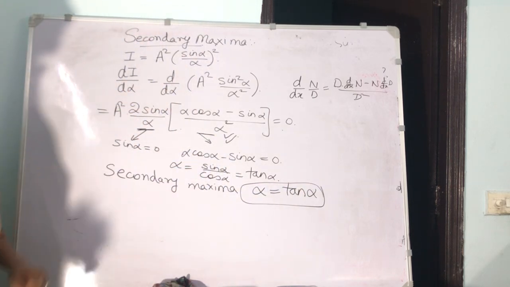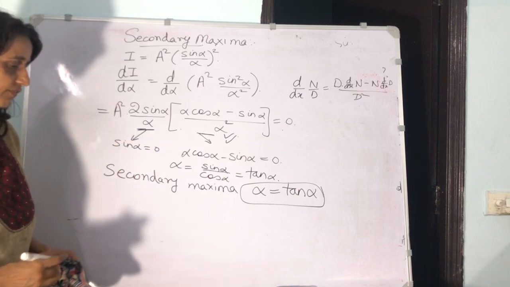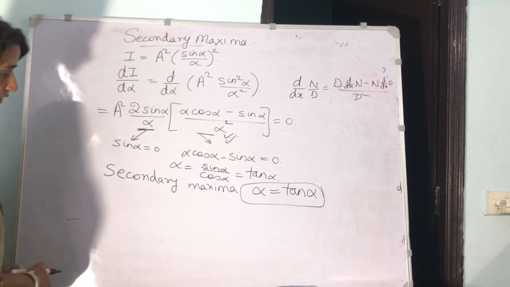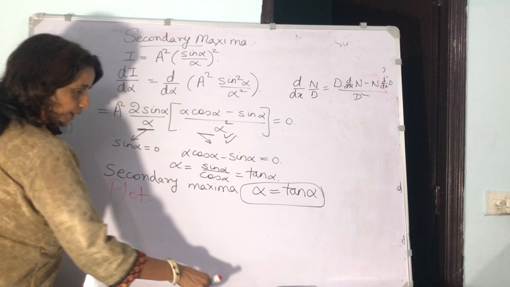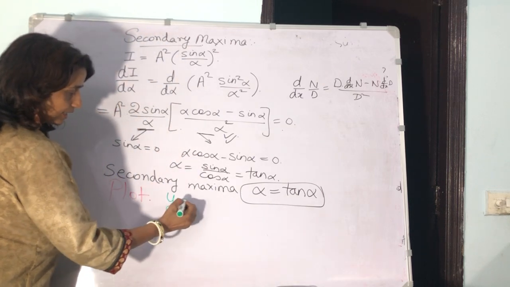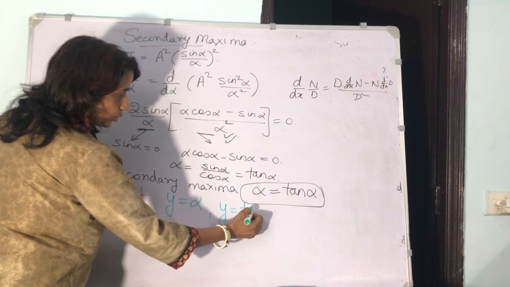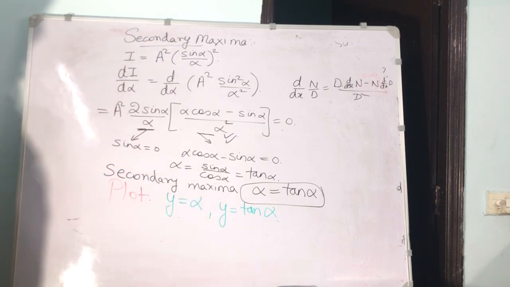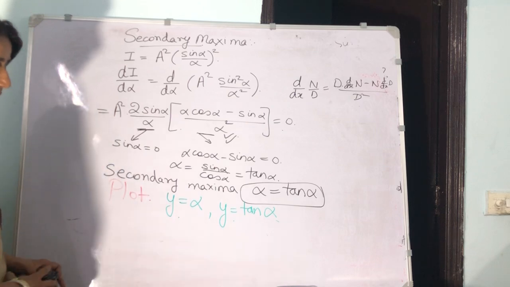Wherever these points come graphically, they give us the position of secondary maxima. So what will we do? We will plot a curve where y is equal to alpha and y is equal to tan alpha. At whatever points these two coincide, those points will give us the position of secondary maxima.